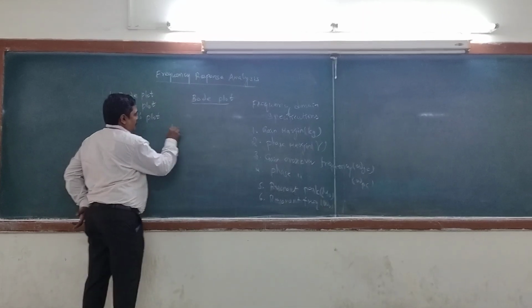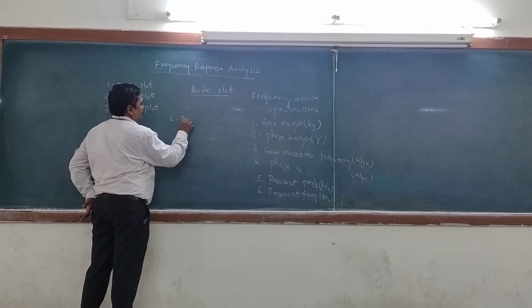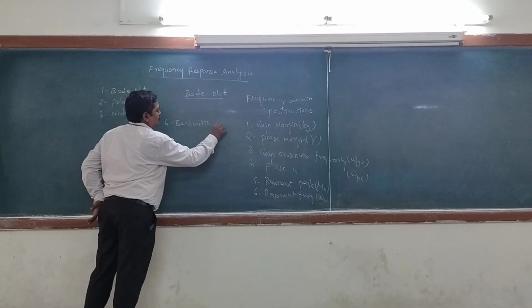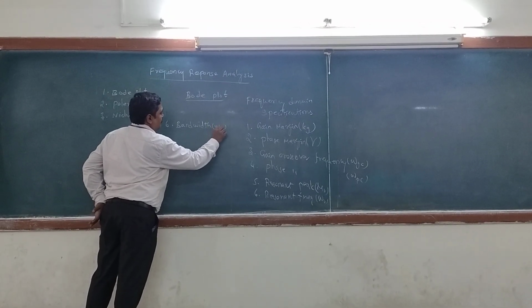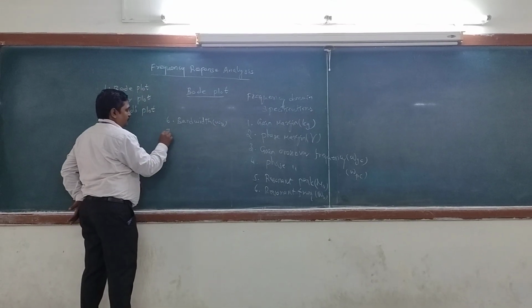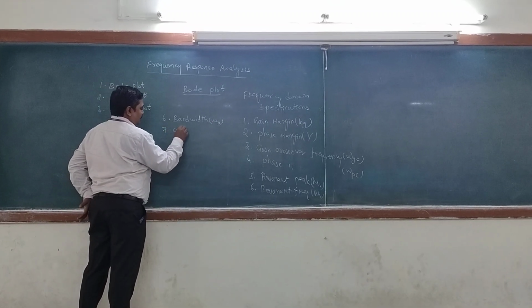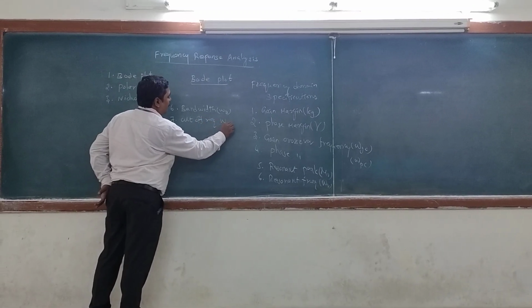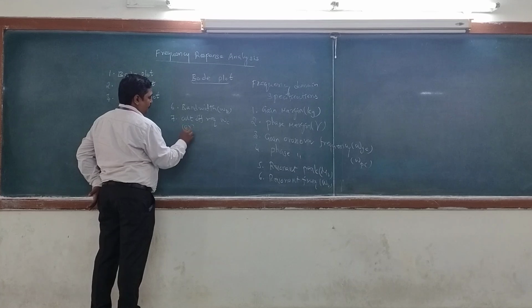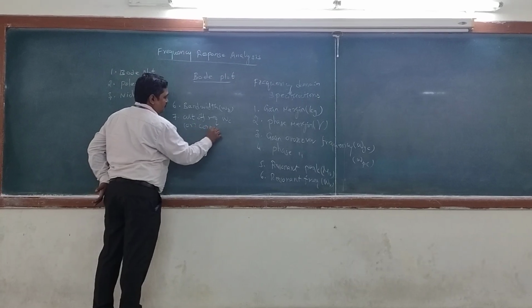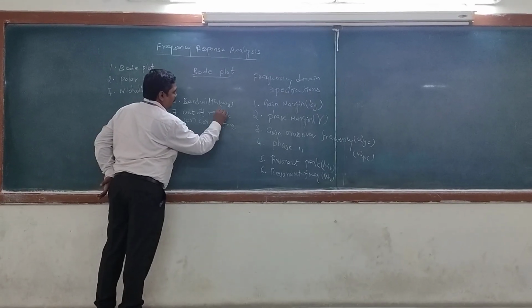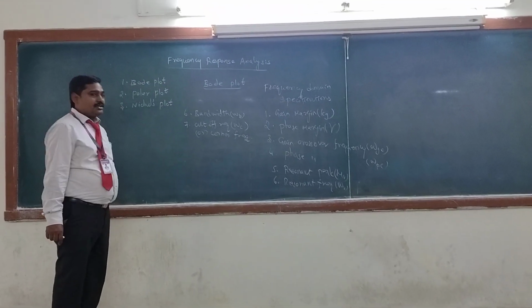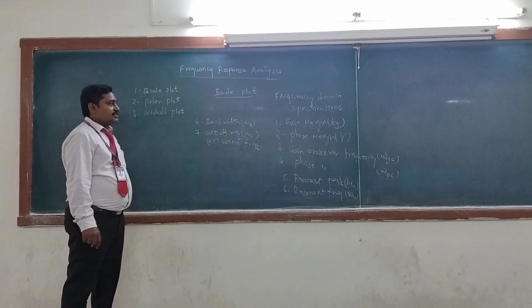Then bandwidth is omega b. Then cutoff frequency or corner frequency. These are all the important frequency domain specifications.